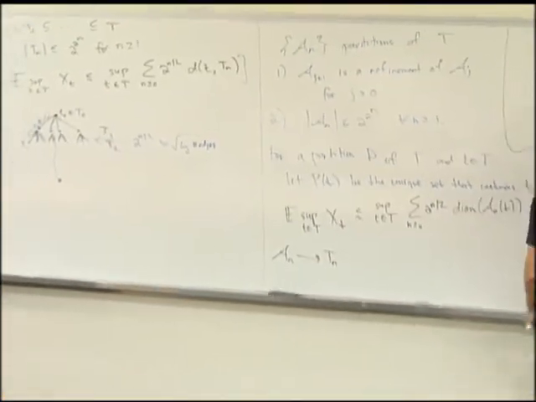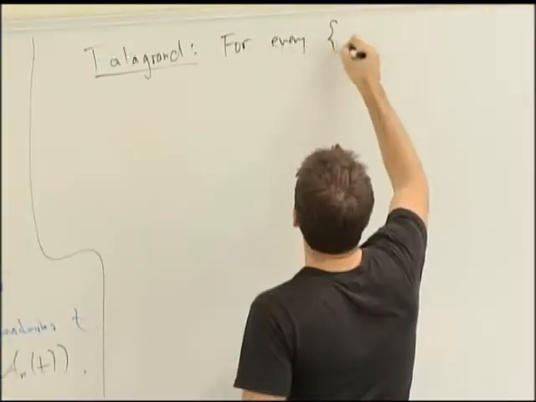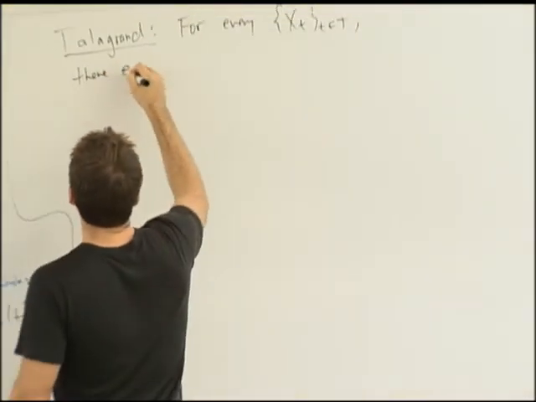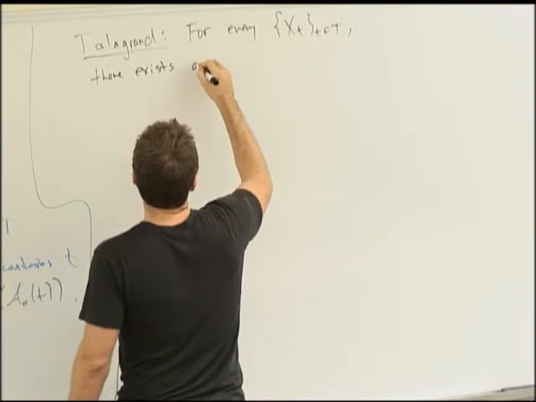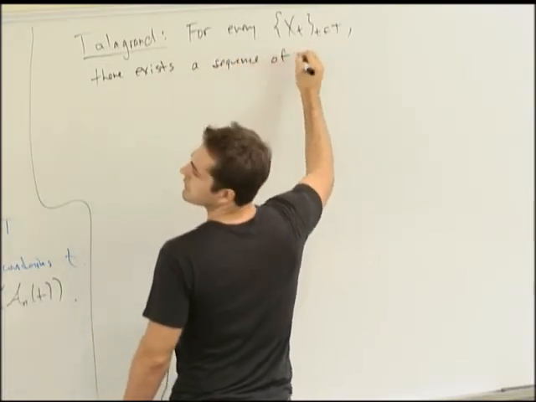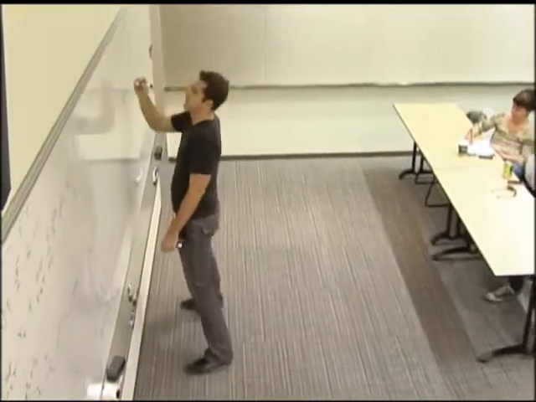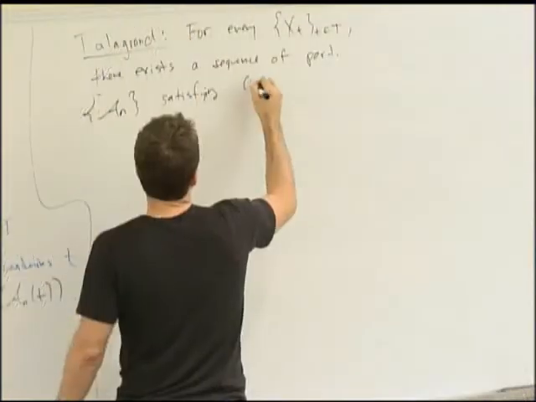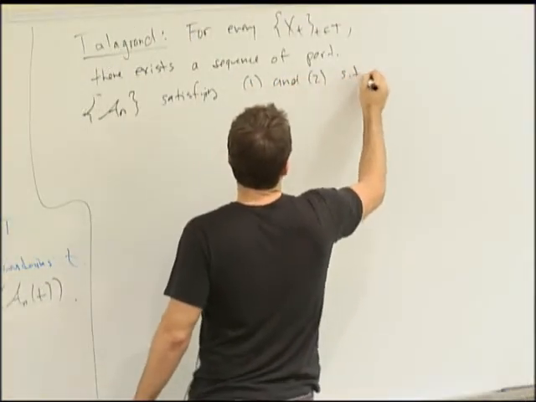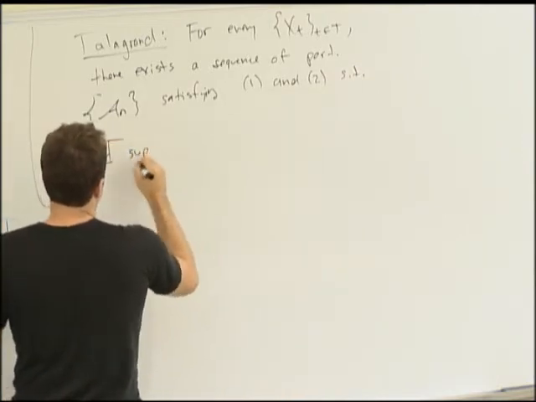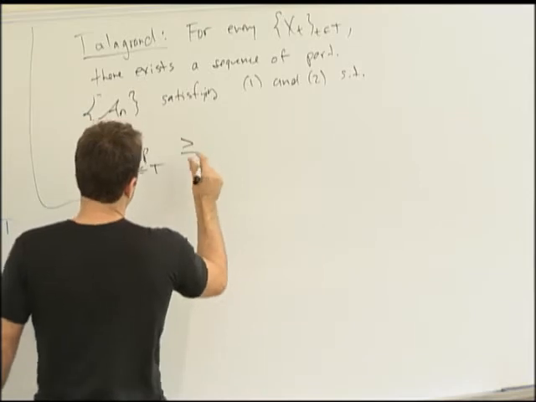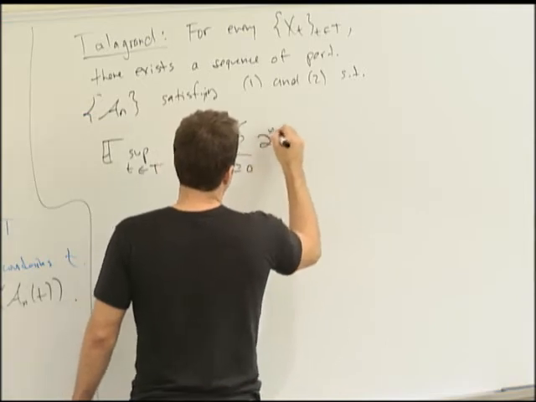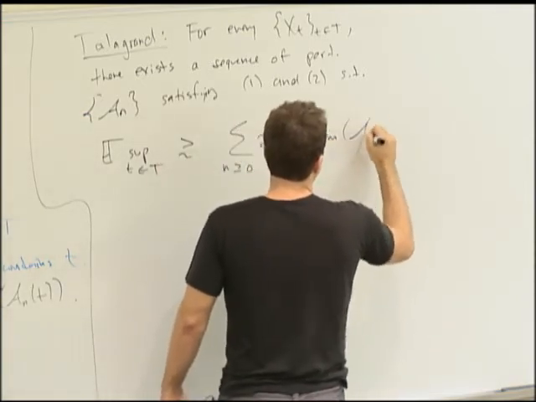So for every Gaussian process like this, there exist partitions A_n satisfying 1 and 2 over here, such that this holds: the diameter of A_n of t.